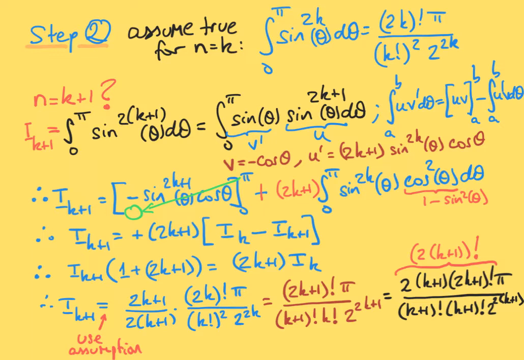So what we have is that the integral we're trying to calculate is 2k plus 1, open brackets because it's multiplying everything, I k, our assumption, minus the integral that we're trying to calculate. So we've now got an equation that we can rearrange to express the integral we're trying to calculate purely in terms of our assumption.